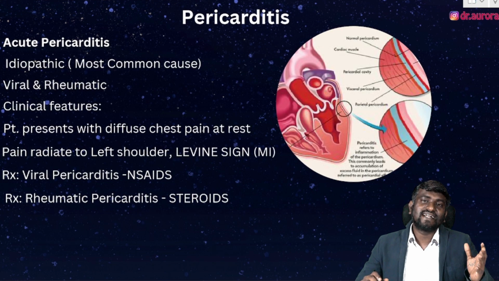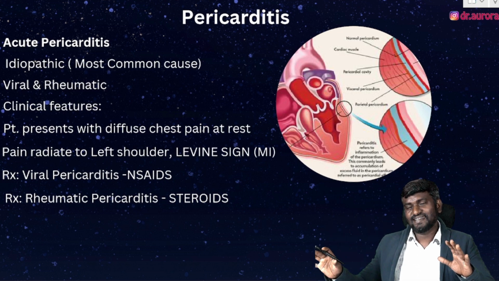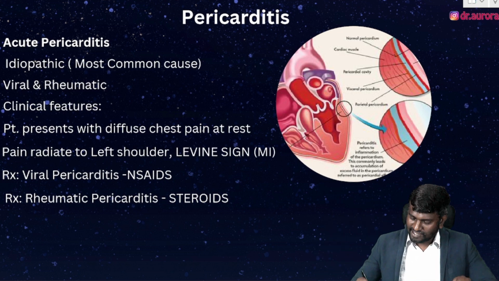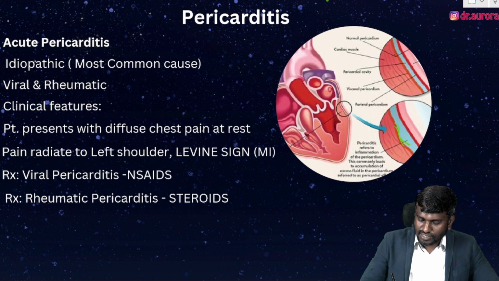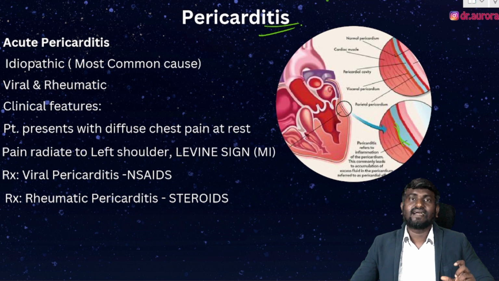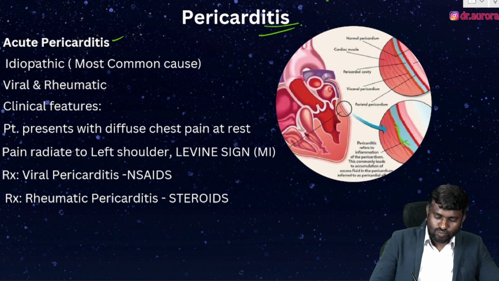Since we have just studied the pericardium, let's correlate to the clinicals. Inflammation of the pericardium is called what? Pericarditis. You can see the inflammation here. In acute pericarditis, the most common cause is going to be idiopathic.